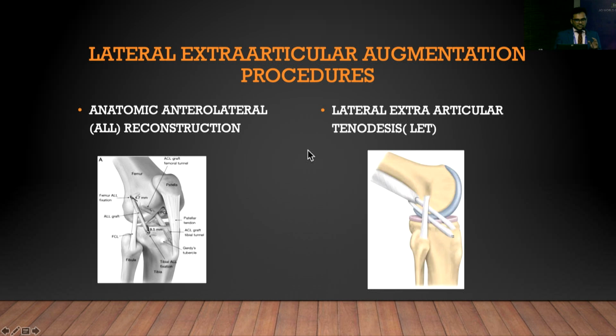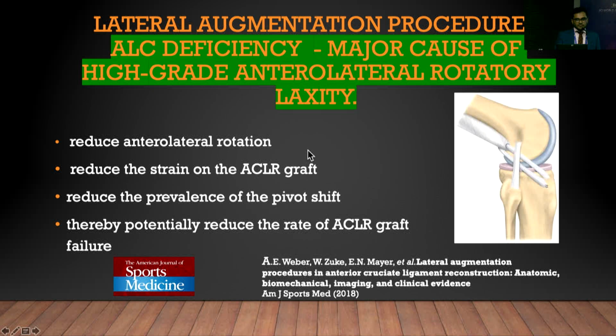Amongst the lateral extra-articular procedures, the most commonly performed are the anatomic ALL reconstruction and lateral extra-articular tenodesis, commonly known as LET, where we use the IT band in different ways to address the anterolateral corner deficiency. Addressing the ALC, that is the anterolateral corner, reduces the anterolateral rotation.